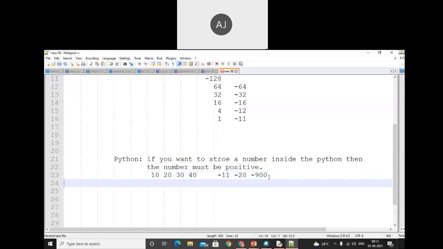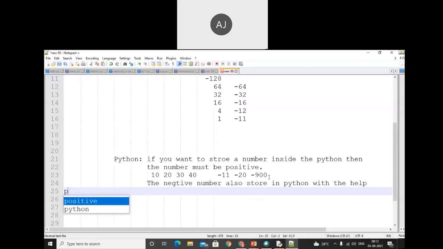So that means here I will make another statement: a negative number is also stored with 2's complement.